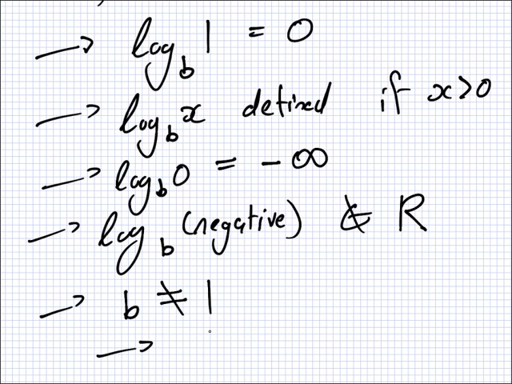And generally speaking, we prefer the base to be positive, although it can still make sense if the base is negative. For example, log base minus 3 of 9 is still possible to have an answer. Minus 3 to what power gives me 9? 2. So it's not totally wrong, but generally we try to keep our bases positive.